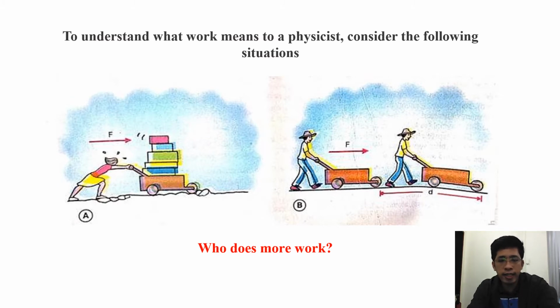But while the girl is pushing the cart to the right, there is a stone that blocks the way of the wheels of the cart. Now since the cart is heavy and there's the stone, the cart does not move. And even though the girl already exerts too much effort, the cart is not moving.